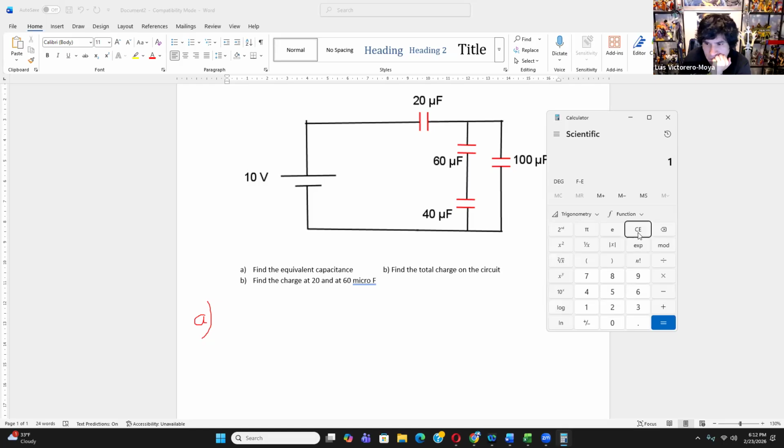Yeah, 17.2. Yeah, that's good. Okay, so do I need to explain that, or is that clear for everybody that C equivalent is 17.2?